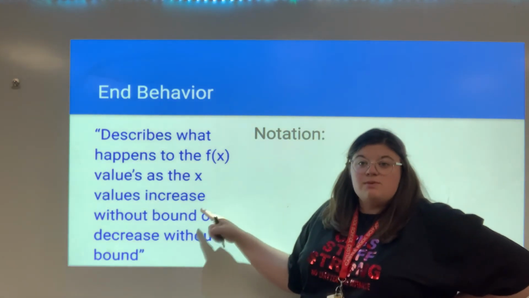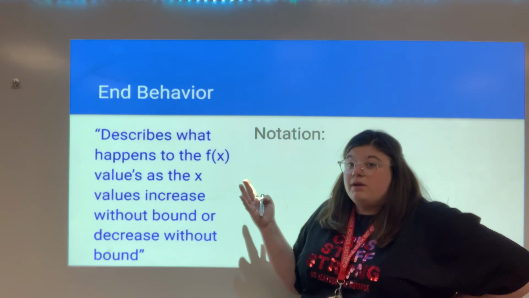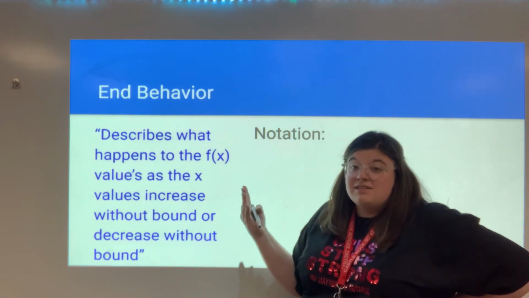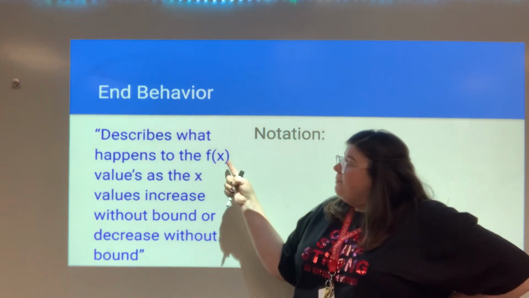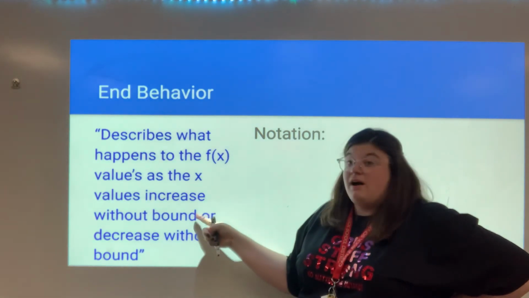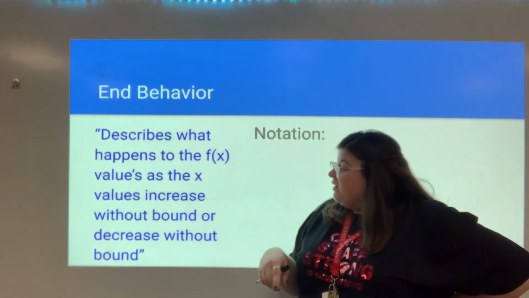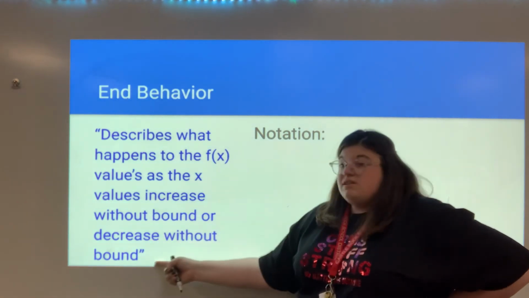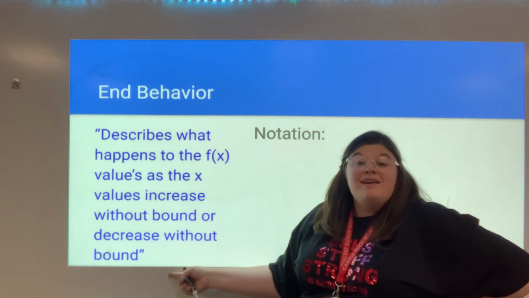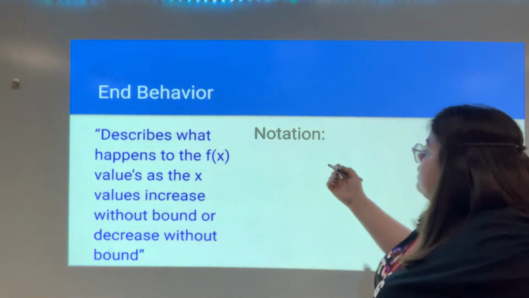If you increase without bound, you're increasing without a stopping point. You're increasing to positive infinity. So what happens to my f of x or my y values when x goes to positive infinity? And what happens to f of x or my y values when x decreases without bound, or when it goes to negative infinity?